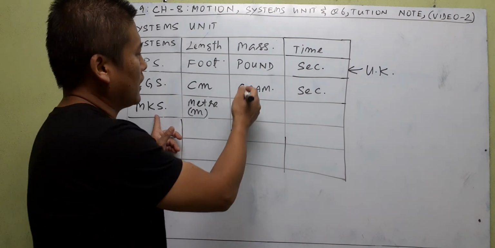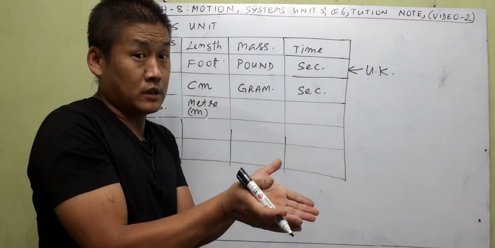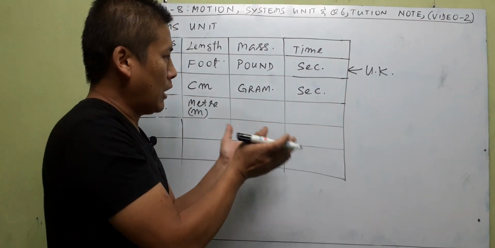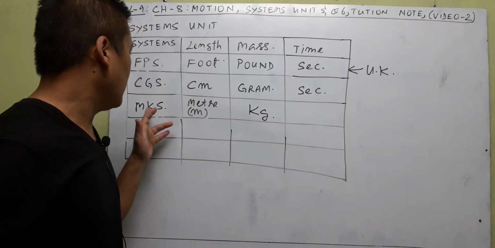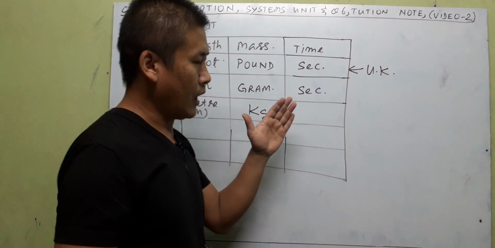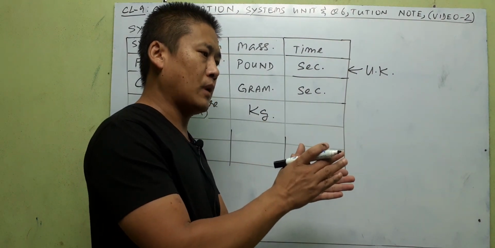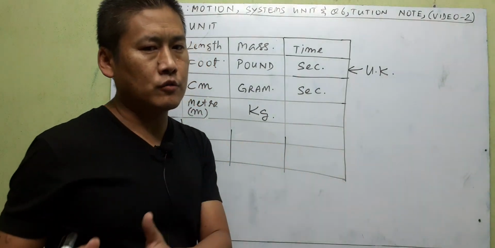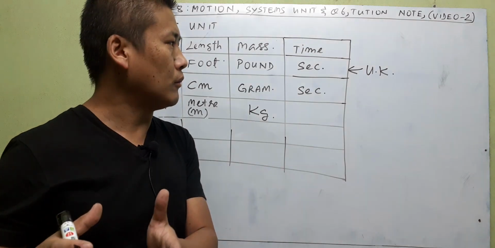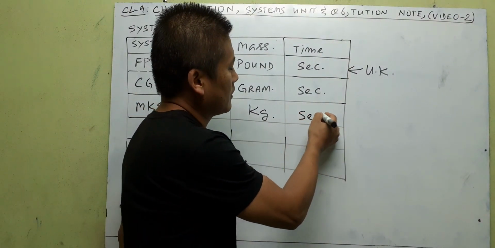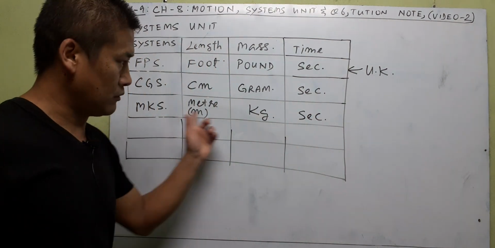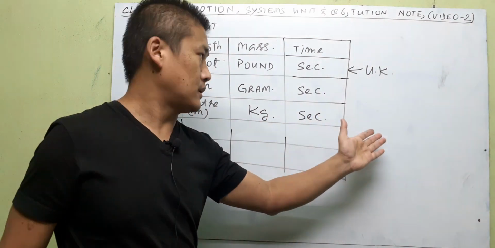Then you would say, this evening I will buy 2 kgs of aloo, kilogram. And in the morning, I walk from my home to my school. What time do I take to reach the school? I'll measure in seconds. If you were doing that, that means you are using the MKS system.